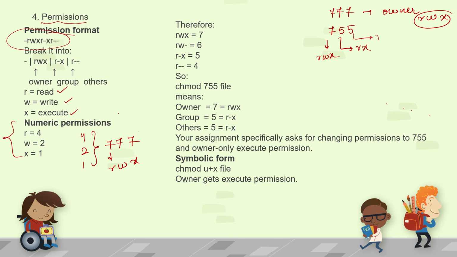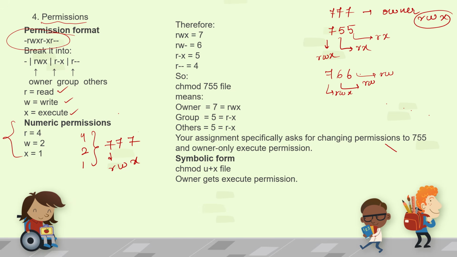Similarly, in this case, you can read and execute. Let's take another example, 766. So here you can read, write, execute. Here 4 plus 2, that means 1 is missing. So you can't execute it, but you can read and write. Similarly here, also read and write. Are you able to understand?